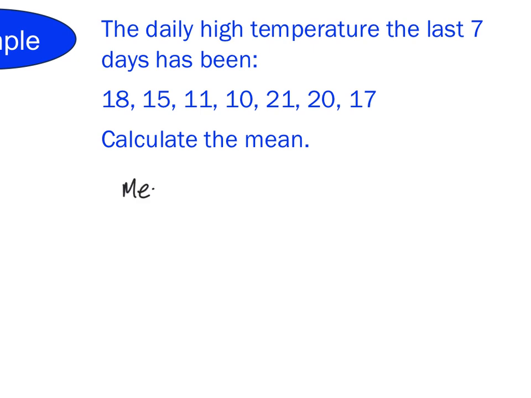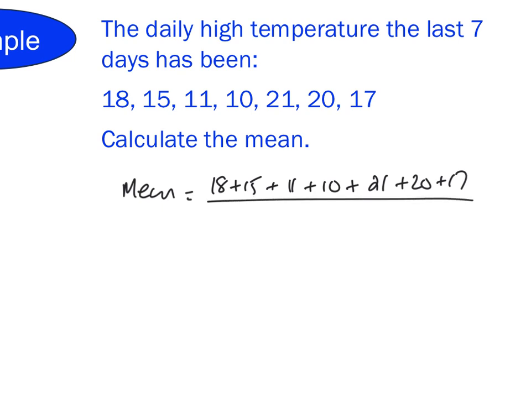So the mean is equal to 18 plus 15 plus 11 plus 10 plus 21 plus 20 plus 17, all divided by what? 7. So we add these together.